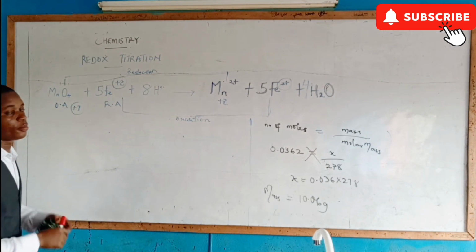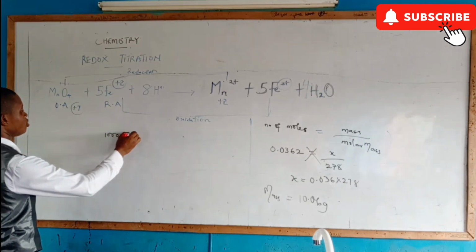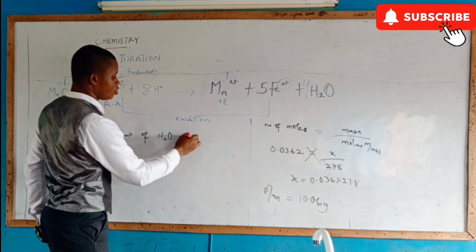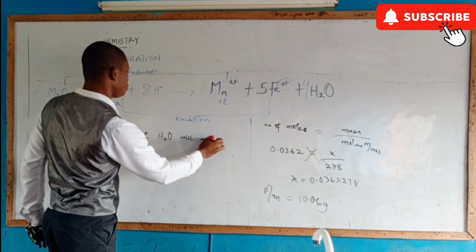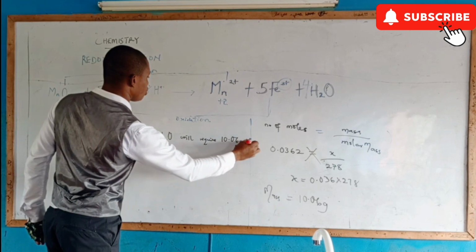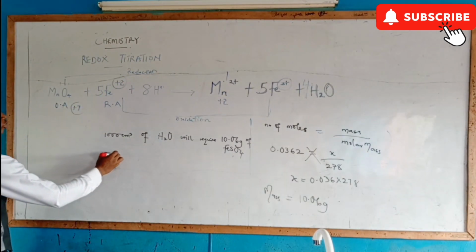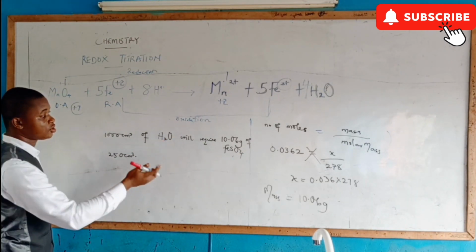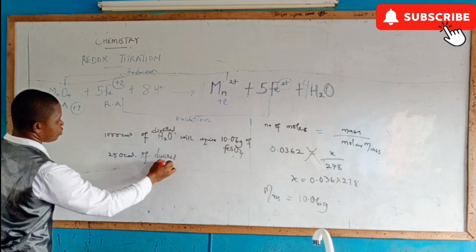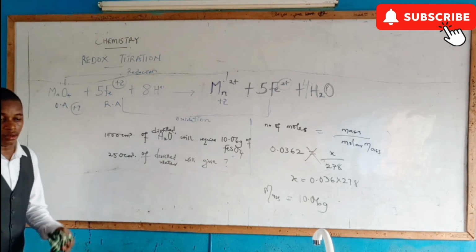Therefore, in order to prepare a smaller solution, since 1000 centimeter cube will require 10.06 gram of FeSO4.6H2O, 250 centimeter cube of distilled water will give how many grams of iron sulfate.